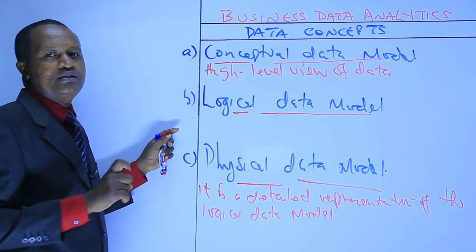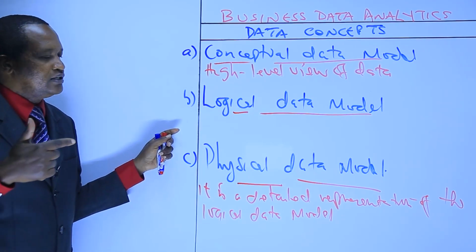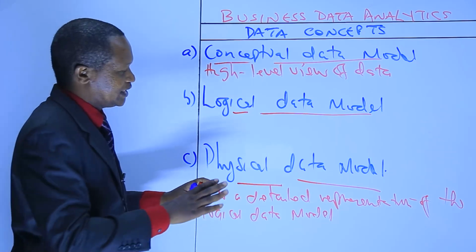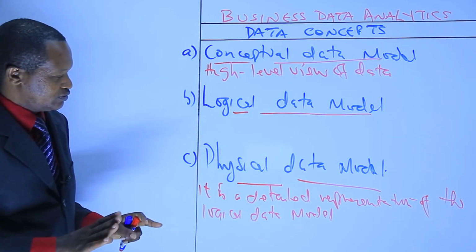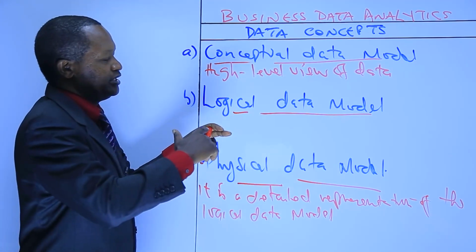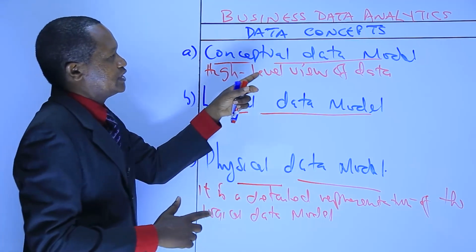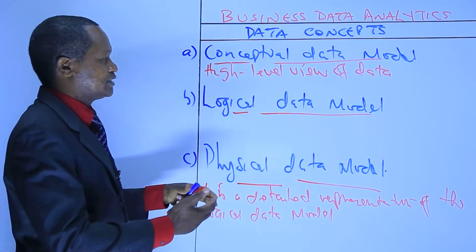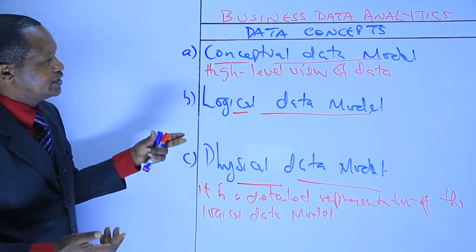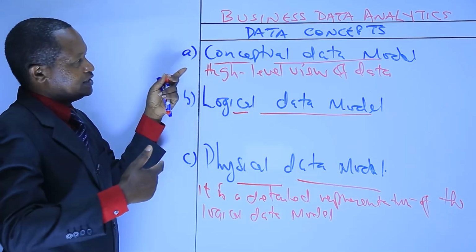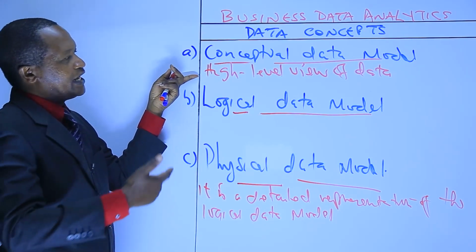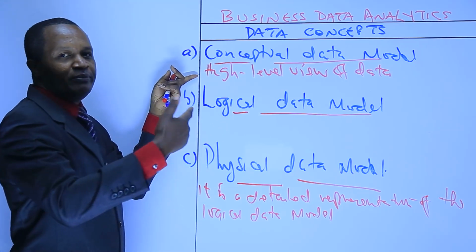In other words, candidates, the physical data model is a representation of the logical data model, which expounds on the conceptual data model by getting into the technical aspects, giving the details about data. So candidates, in summary, the conceptual data model provides a high-level view of the business concepts.